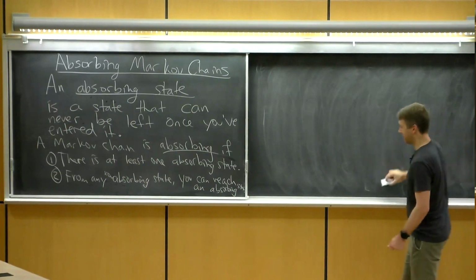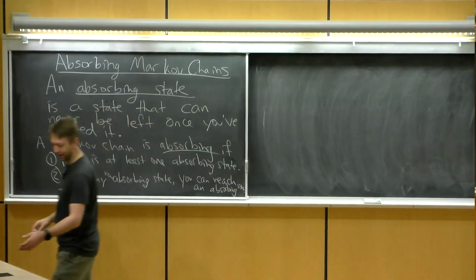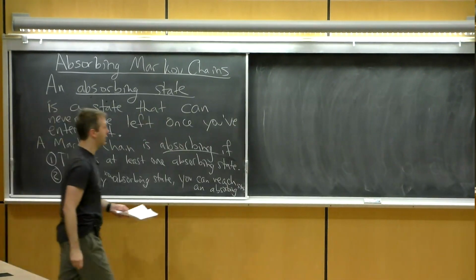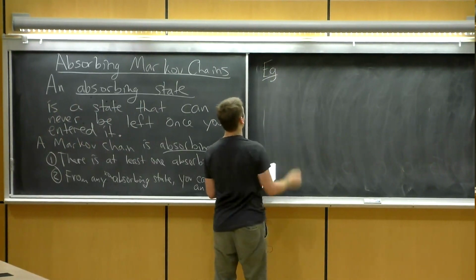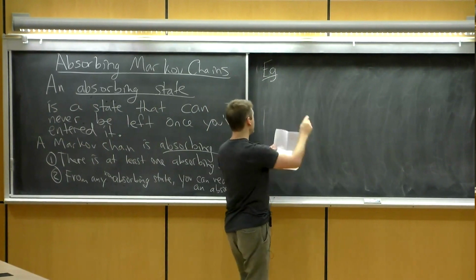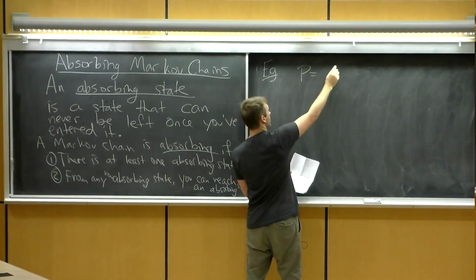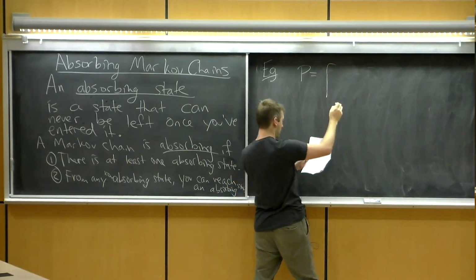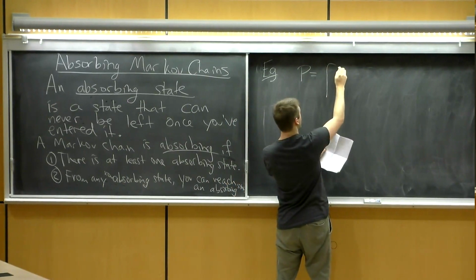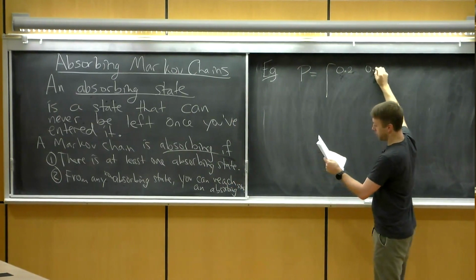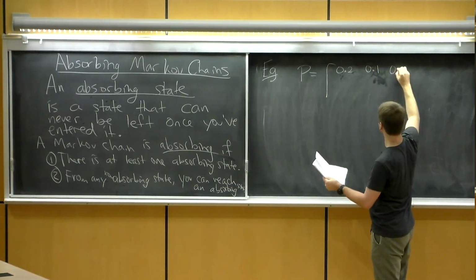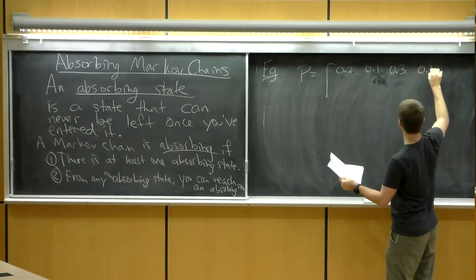I'm not going to do a 6 by 6 example. That'll be too complicated. So let's do this 4 by 4 example. My matrix is, the first row is 0.2, 0.1, 0.3, 0.4.